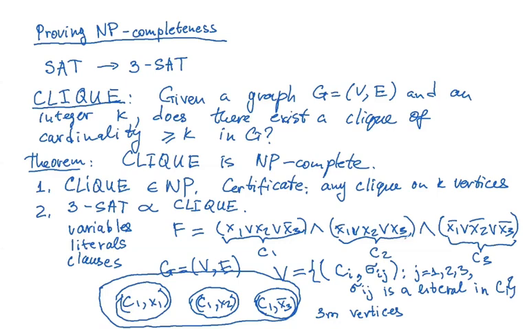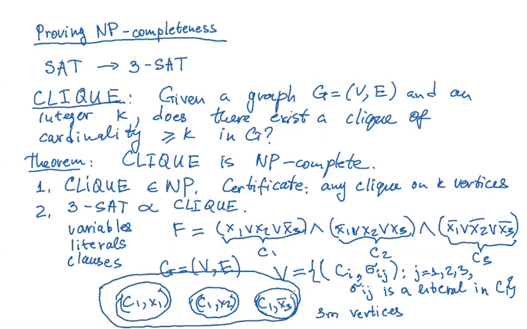So essentially, to satisfy clause 1, we need to make sure that at least one of these vertices gives you the true answer. Which means that either x1 is true, or x2 is true, or not x3 is true, meaning that x3 is false.